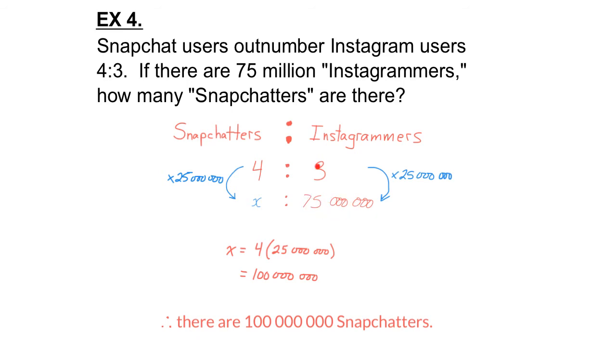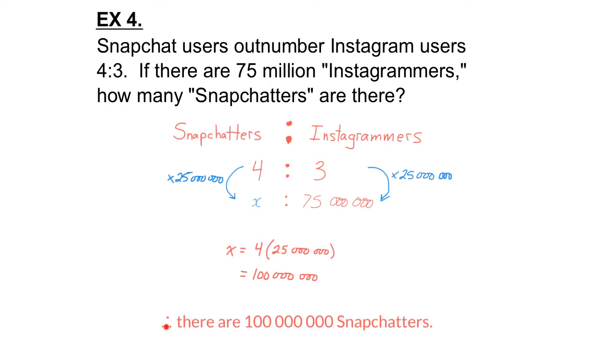So if I took the top number multiplied by 25 million to get my new number, then I would do the same thing over here. 4 times 25 million gets me my unknown value that goes in this spot. So 4 times 25 million is 100 million. So that tells me how many Snapchatters there are compared to the 75 million Instagrammers. So I made my conclusion, therefore there are 100 million Snapchatters.